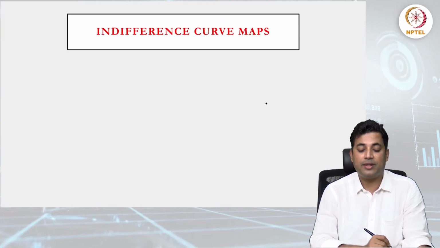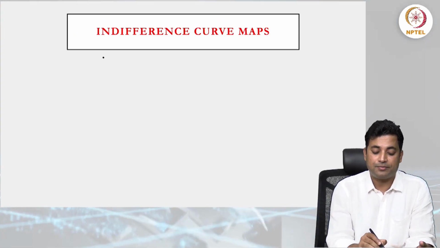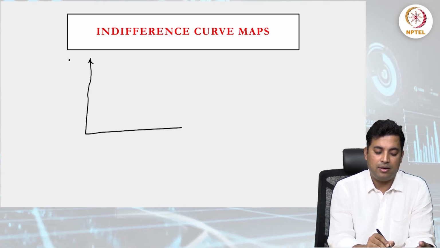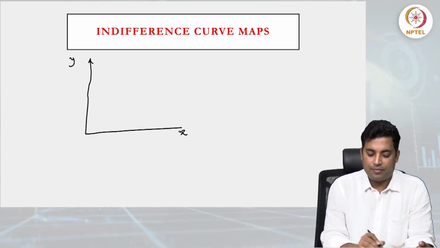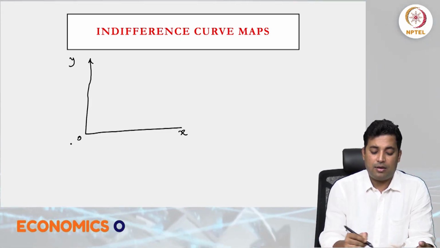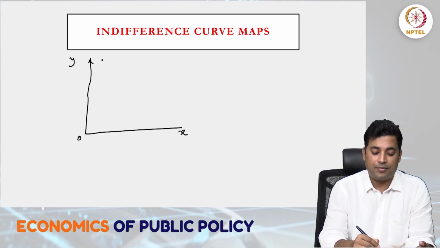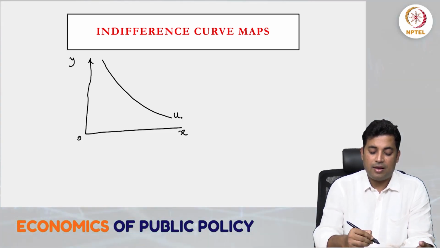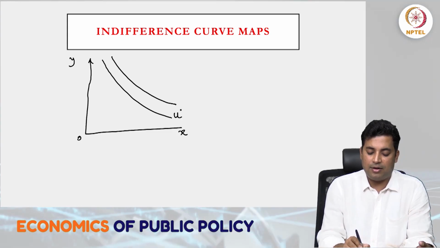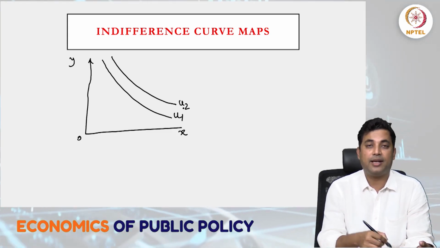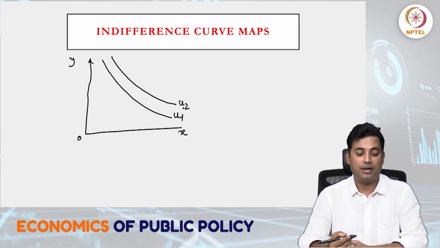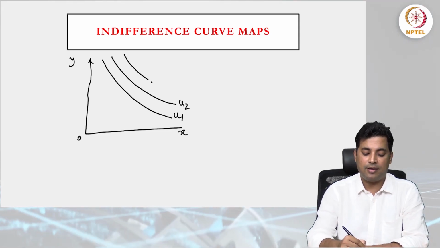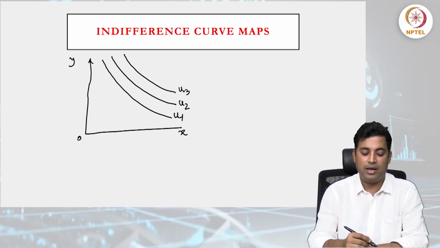So now, what is an indifference curve map? Again we are assuming two commodities, x and y, and this is a utility curve, and then another utility curve that we get with a different, higher level of x and y, and this is u3.